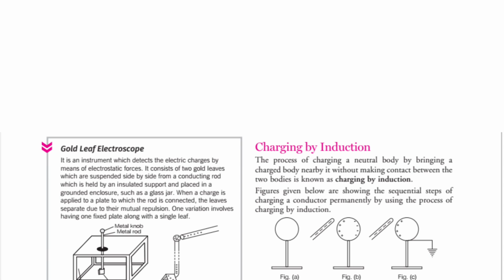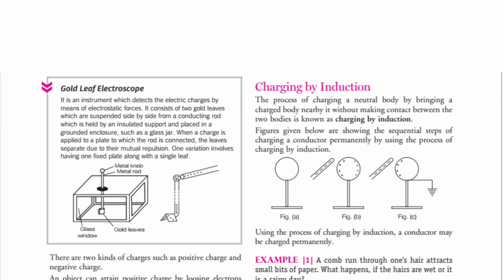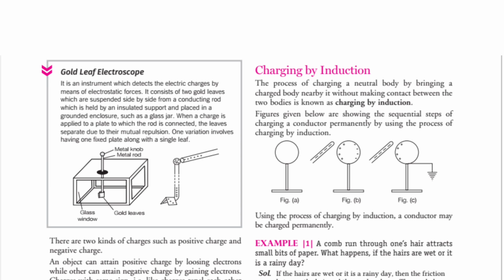Next, this is the example of a gold leaf electroscope. Look at this object. We have a glass window over here, the gold leaves, a metal knob and a metal rod.